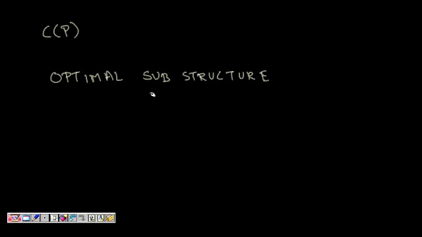What it means is, if I'm finding the solution for a value P, and I try to solve this using some subproblems, then the solutions to all the subproblems should be optimal, and when we combine all the optimal solutions for the subproblems, I should get an optimal solution for the main problem.